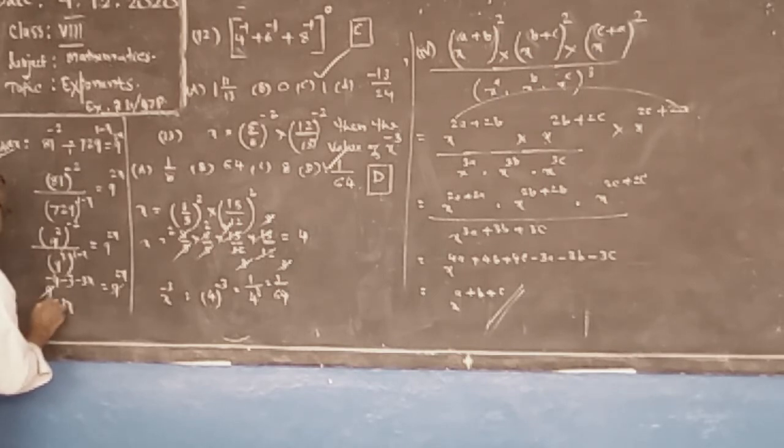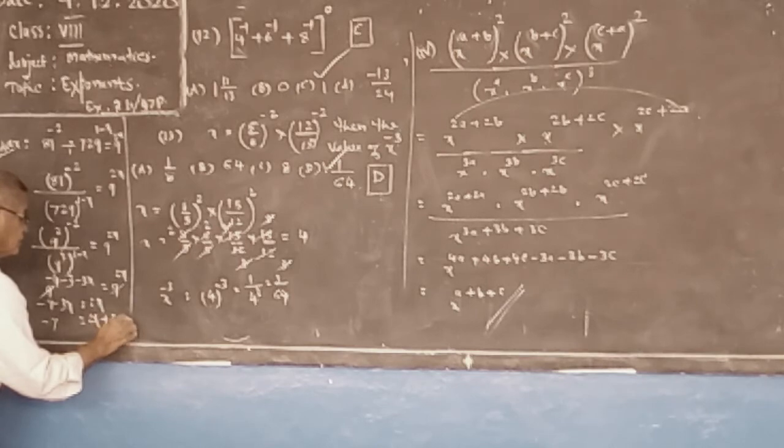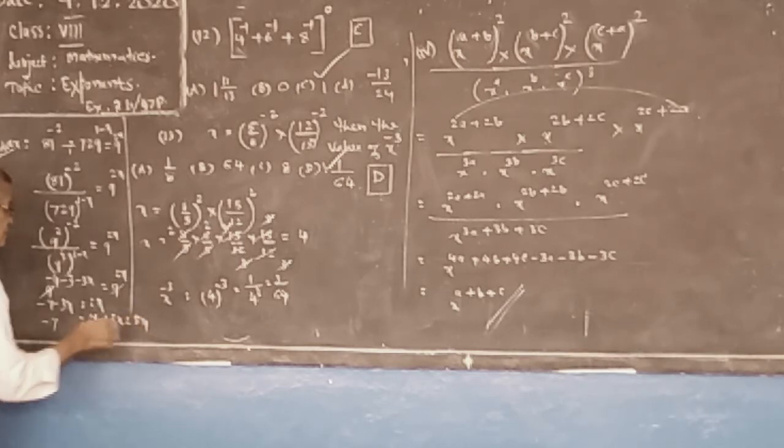Minus 7 is equal to 2x minus 3x. x is equal to minus 7 by 5.